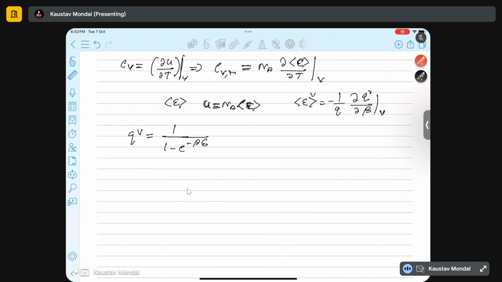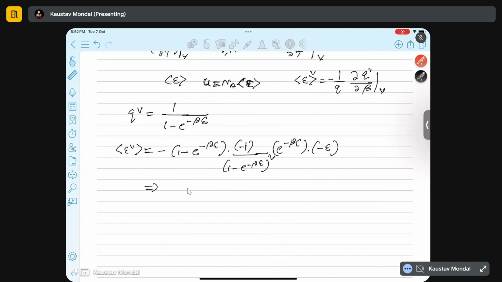Now if you take the derivative of qv with respect to beta, this whole term looks like this: 1 by 1 minus e to the power minus beta e into minus 1 by 1 minus e to the power minus beta e whole square into minus beta e into minus e, right?